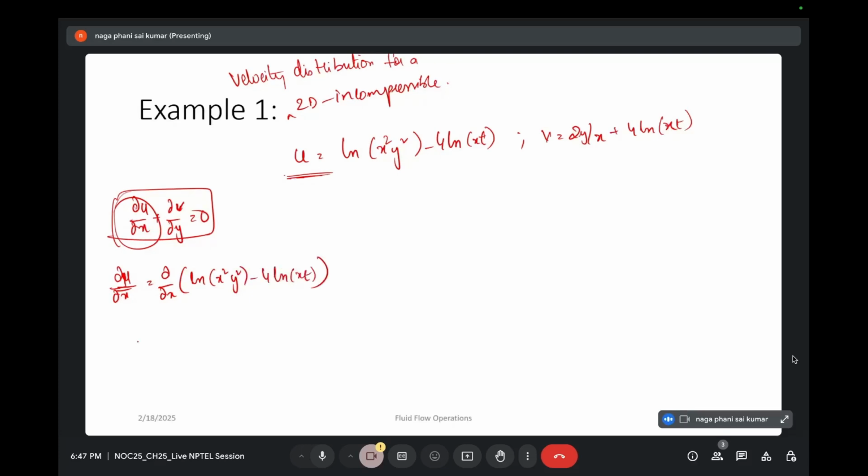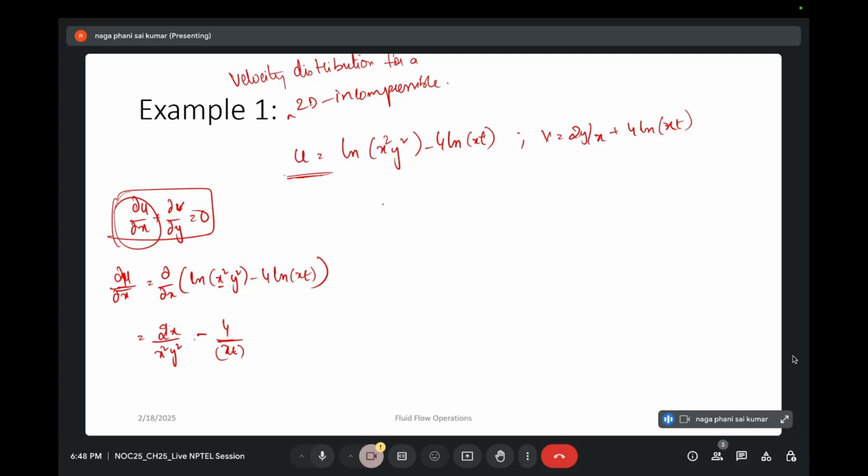So this gives us 1 by x square y square, and for x square it will be 2x, right? Minus 4 by xt.